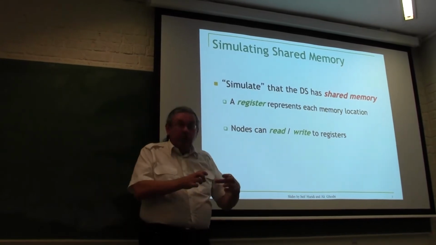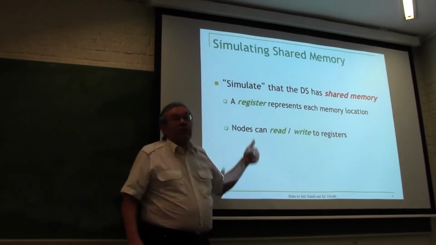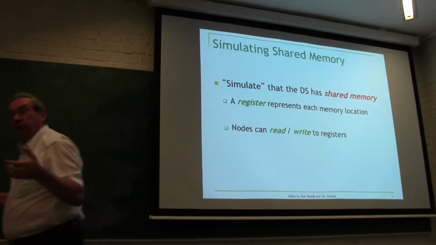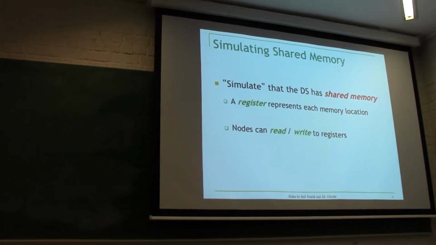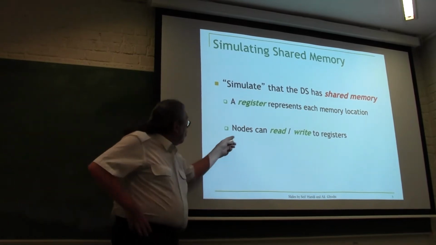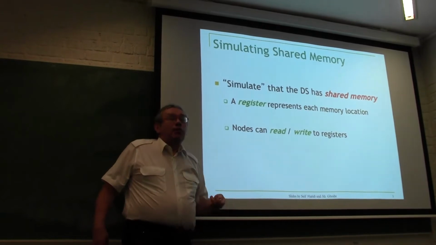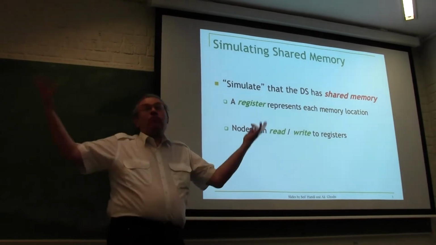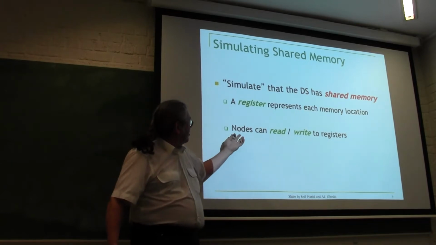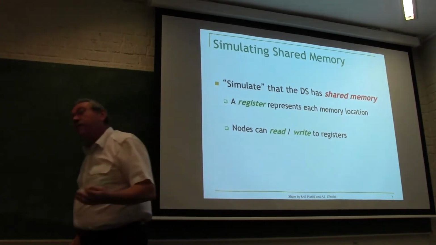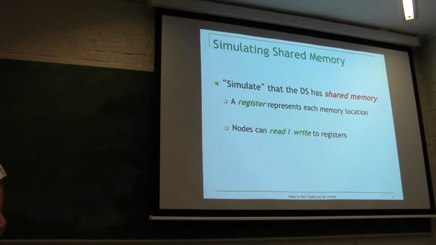Each memory location, we will call it a register, like in the processor, just to make the terminology simple. So each node can read and write registers. In a regular architecture, that's just a regular read and write instruction. So we want to simulate that.